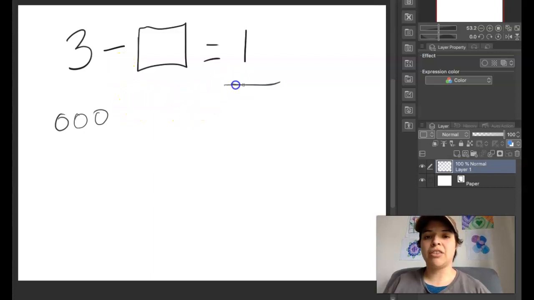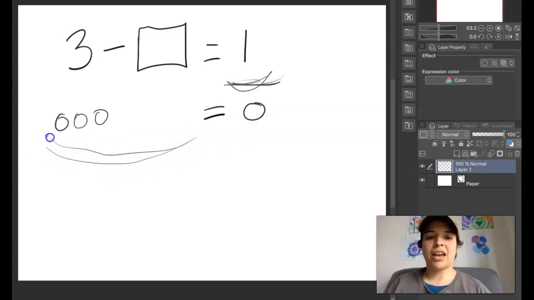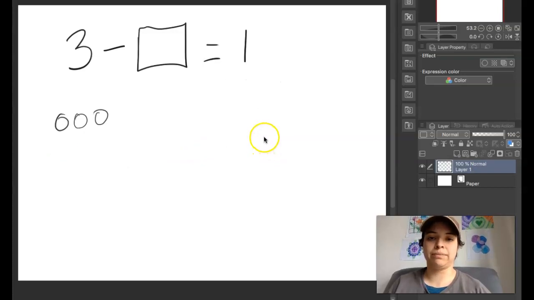But if we look then on the other side of the equal sign, we know that for sure there is a 1. So somehow on this side, we need to make 1 because we want them to be the same. That's the goal.